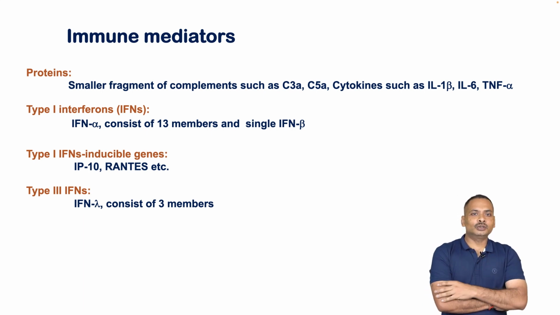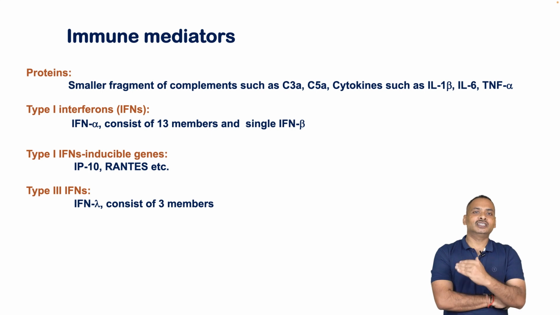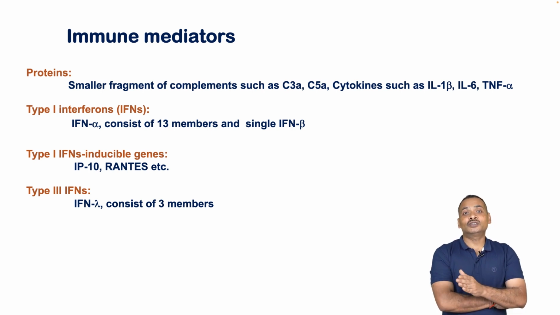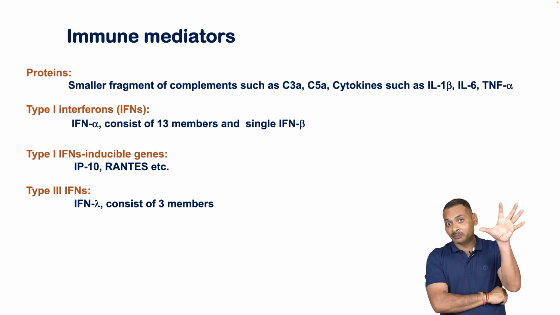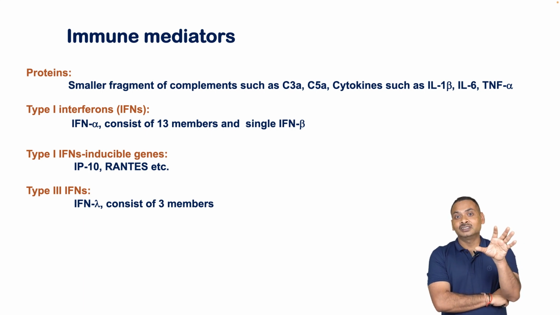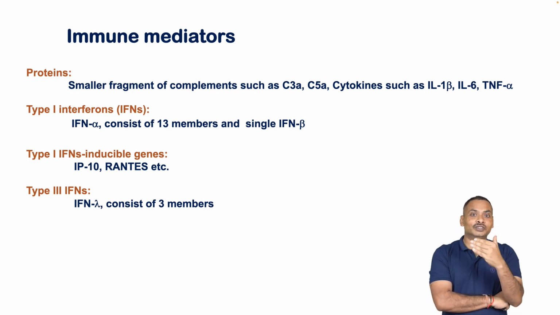So maybe now you might have a simple question: there is a type 1 and type 3 interferon, where is the type 2 interferon? There is a type 2 interferon, and under type 2 interferon, interferon gamma comes, which is produced by macrophages, T cells and NK cells, if you remember.